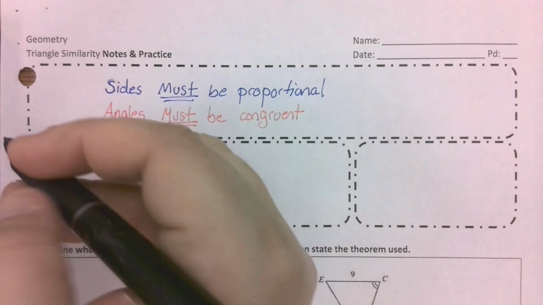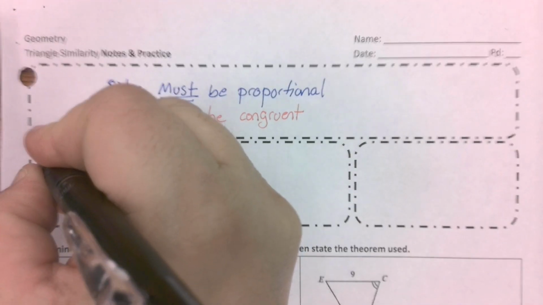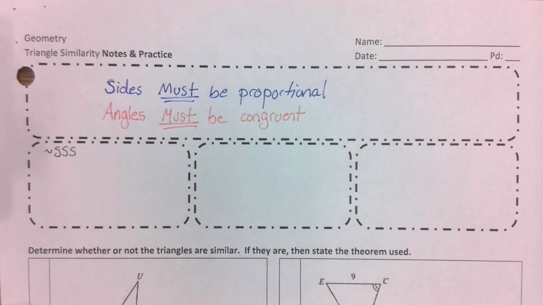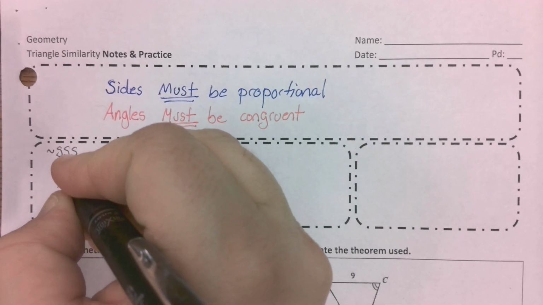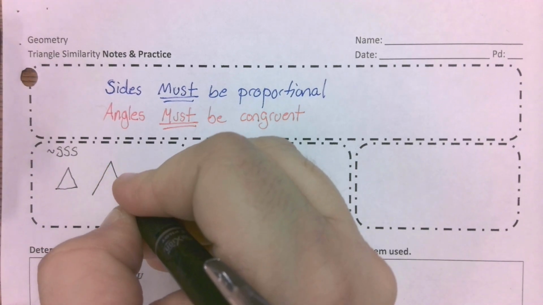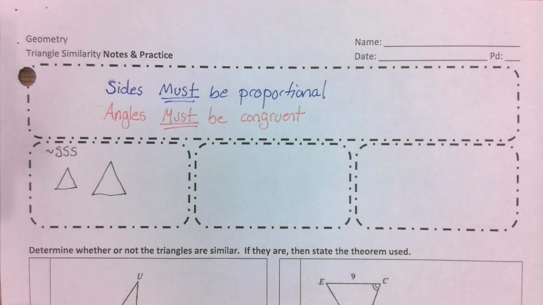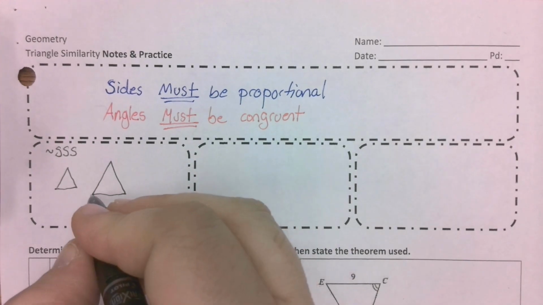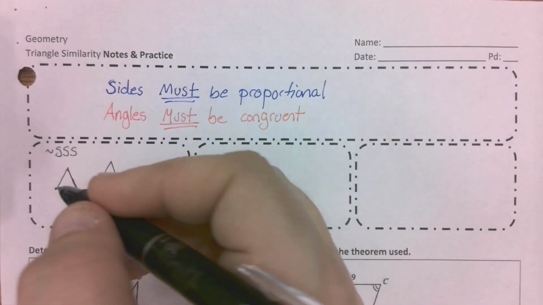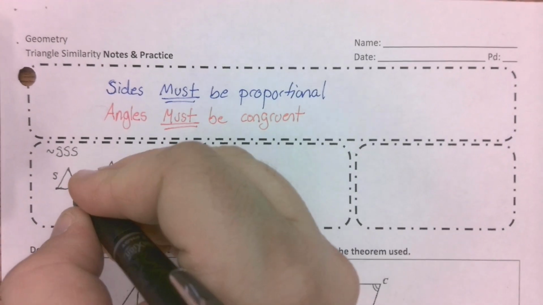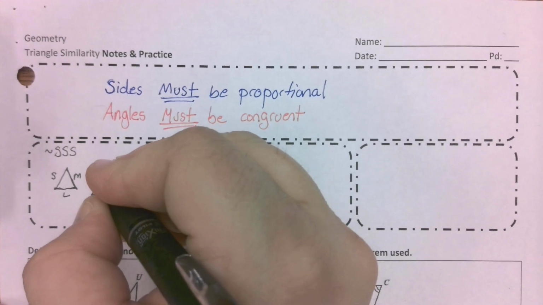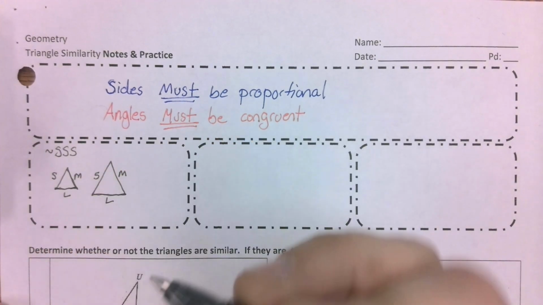Then there's three types of similarity that we can use to prove if two triangles are similar. The first is similar by side, side, side. What you're doing in that case is, if I have two triangles, one's going to be bigger, one's going to be smaller, but no matter what the triangle is, you have three side measures: small, medium, and large.